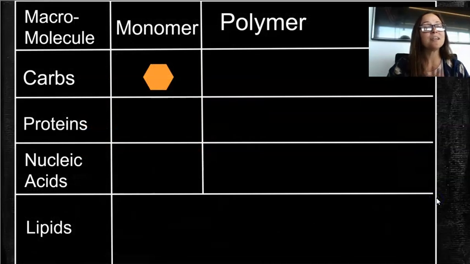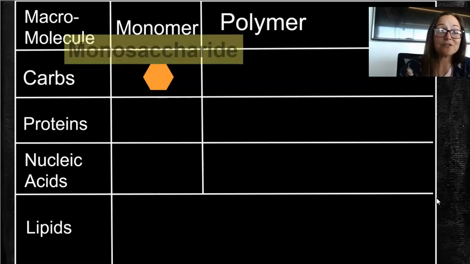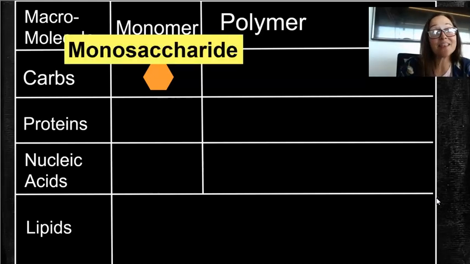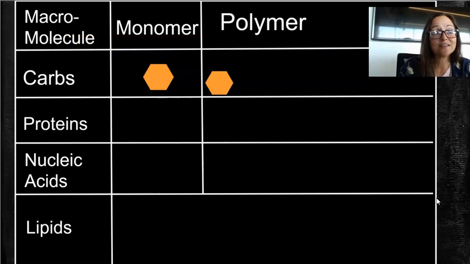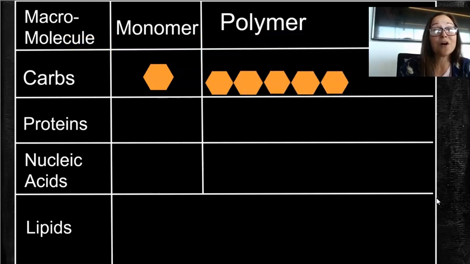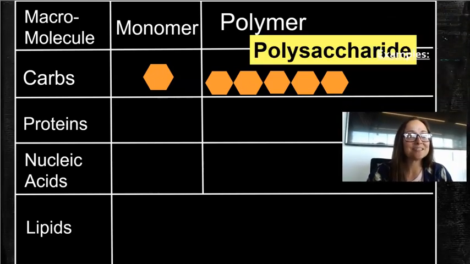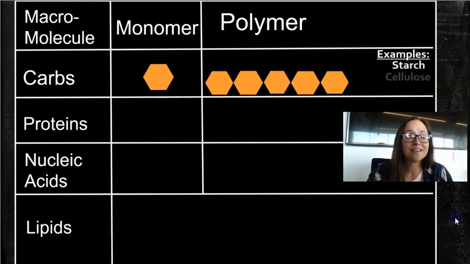Now, to summarize what we've learned so far about carbohydrates, the monomer of carbohydrates is a monosaccharide, and the polymer of carbohydrates is a chain of these glucose molecules called a polysaccharide. Examples of a polysaccharide include starch, cellulose, and glycogen in animals.